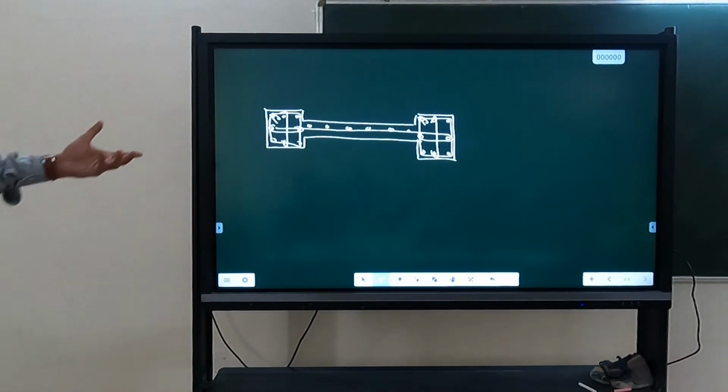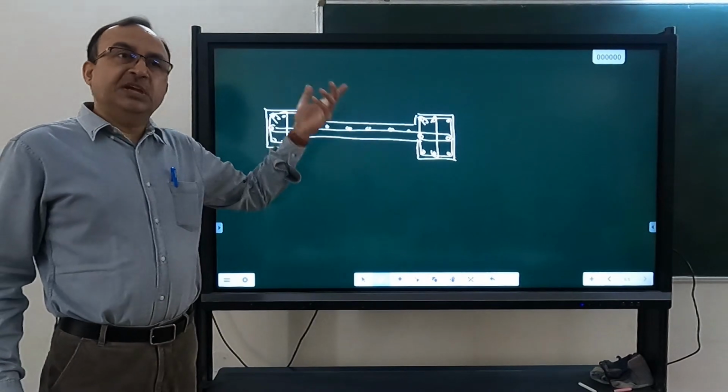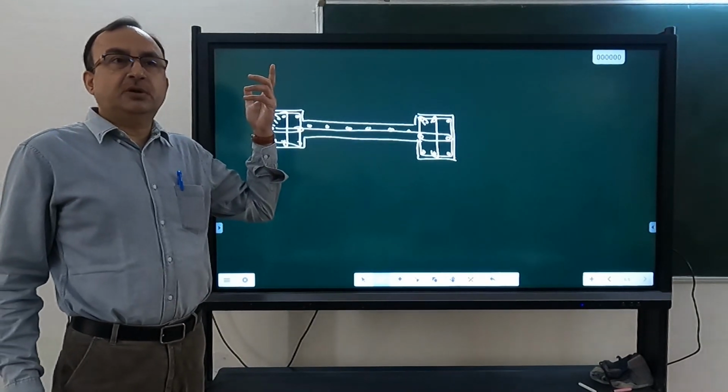Then you will perform a section analysis. How? Same assumptions which we have done in case of beams and columns.